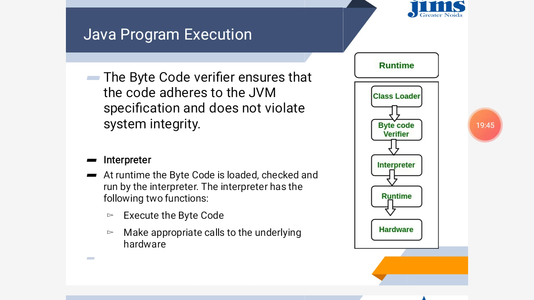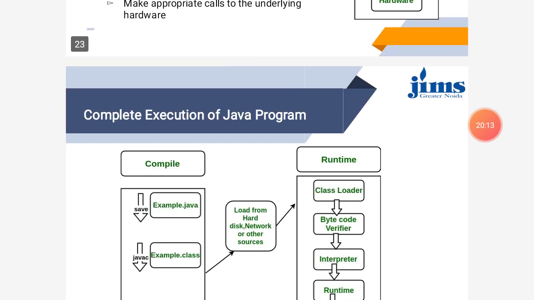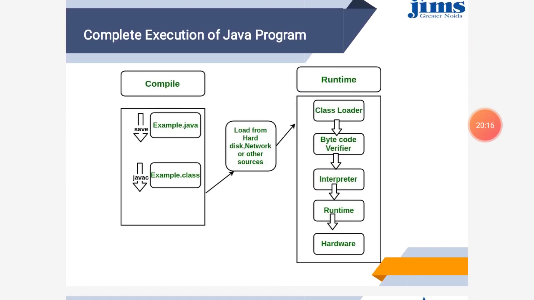The JRE allocates one instance of the JVM, then the class loader plays its role, then the bytecode verifier comes, then the interpreter executes the code, and at runtime the JVM interacts with the actual hardware of the machine, and we are able to see its output.